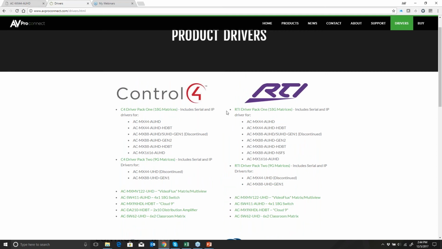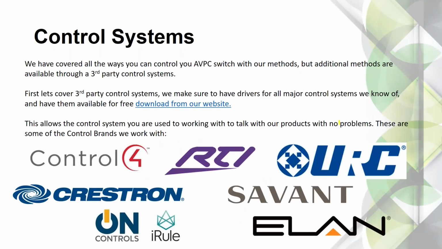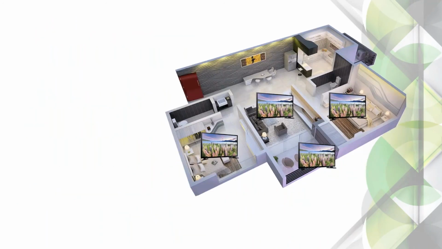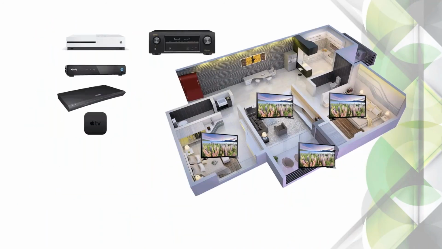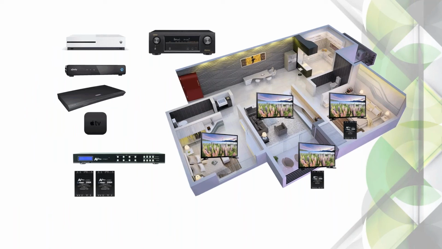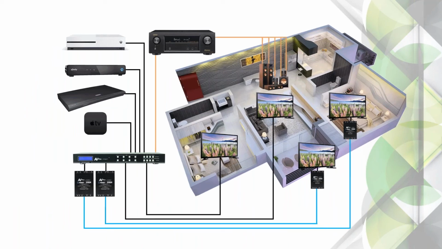So now we've got everything in place, everything is configured in the matrix, and now we have a happy customer. So AVProConnect has the connectivity products to handle HDR. We have matrices, extenders, DAs, scalers, EDID minders, and audio down mixers, all rated at 18 gig.